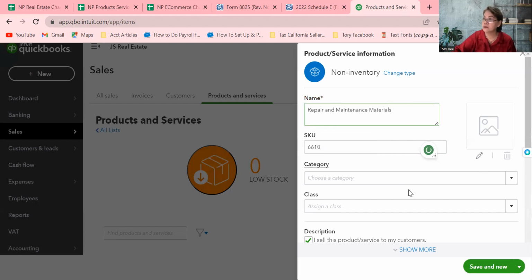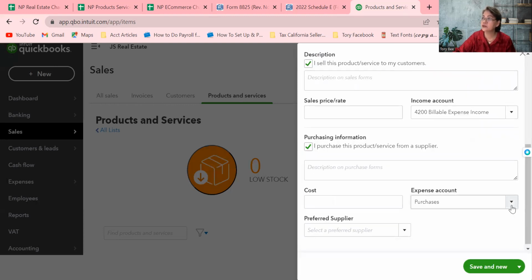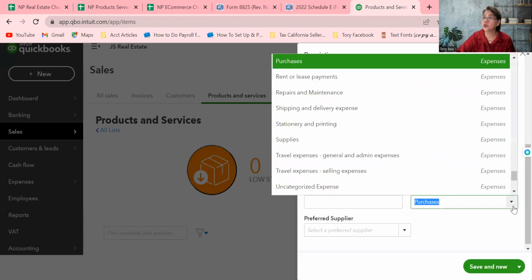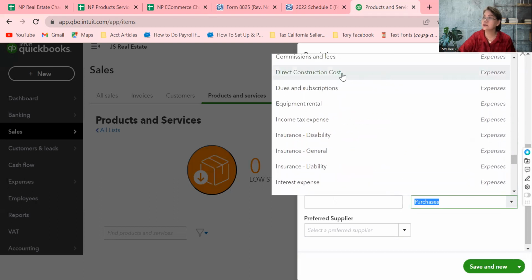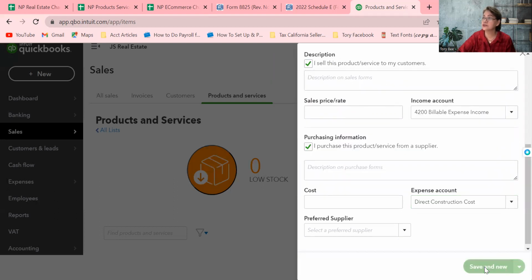Oh, this is again a direct construction cost.